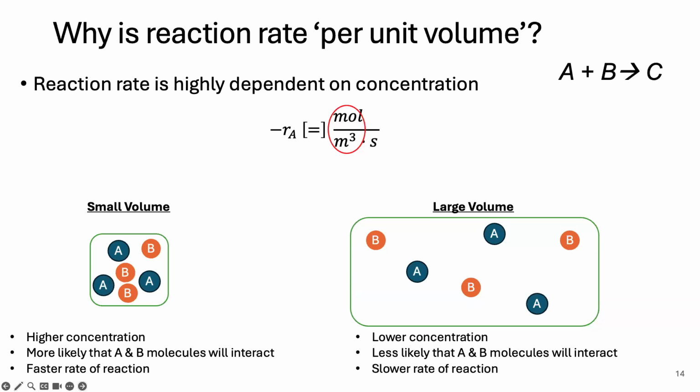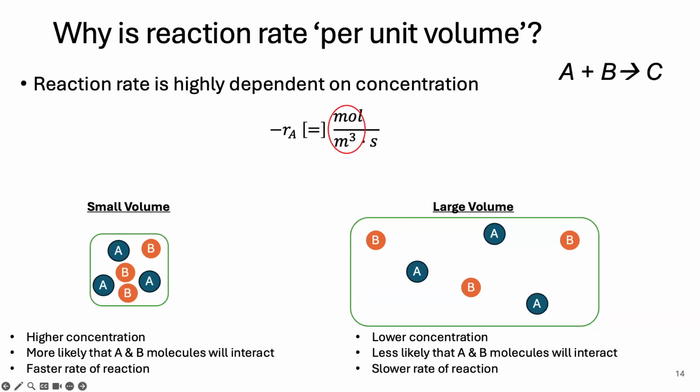So let's look at this example where we have a reaction of A plus B going to C. If we have three molecules of A and three molecules of B, we can see that as the volume gets larger, our molecules are further apart. Their concentration is lower, the volume has gotten larger, the term in the denominator has gotten larger. If our molecules are further apart, it'll be less likely that they'll be colliding, or they'll be colliding at a smaller frequency.